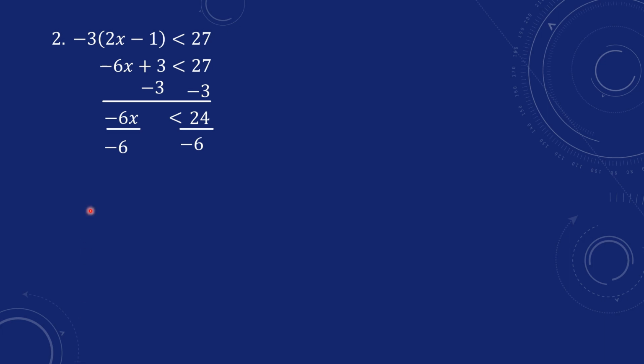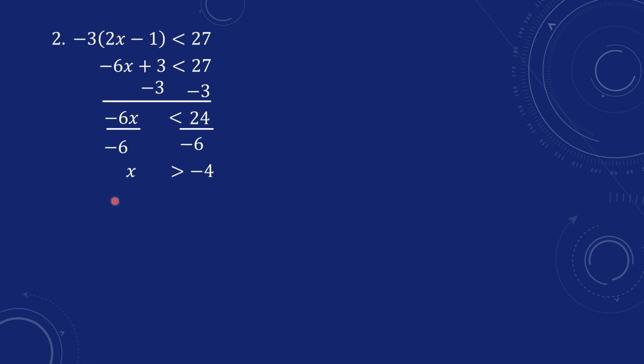When we divide an inequality by a negative number, the position of the symbol of inequality is reversed. If the inequality symbol is pointing to the left, it will now point to the right. So negative 6x divided by negative 6 is x, and 24 divided by negative 6 is negative 4. So this is now equal to x is greater than negative 4.